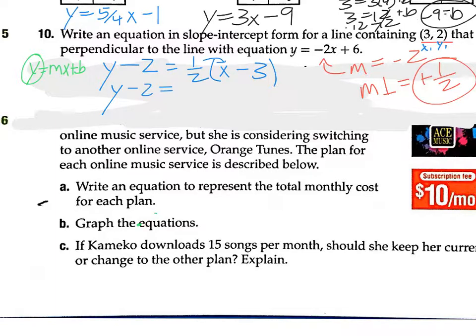I'm going to use the distributive property here, which gives 1/2 x minus 3 over 2. Then I add 2 to both sides. You can use your calculator here. If I do that, I get y equals 1/2 x plus 1/2. So that would be slope-intercept form, just another way of getting that problem.